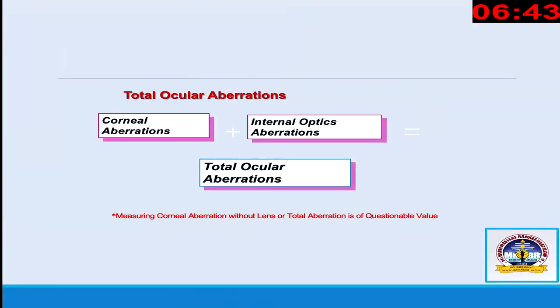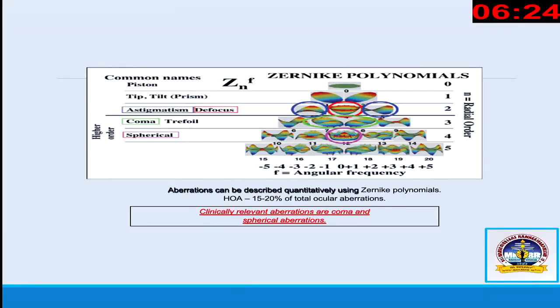Just to understand briefly, the total ocular aberration depends upon the cornea and the internal aberration of the eye, which together equal the total eye aberration, and just measuring corneal aberration without internal aberration is of questionable value because the quality of vision depends upon the total ocular aberrations. The clinically relevant aberrations are coma and spherical aberrations.